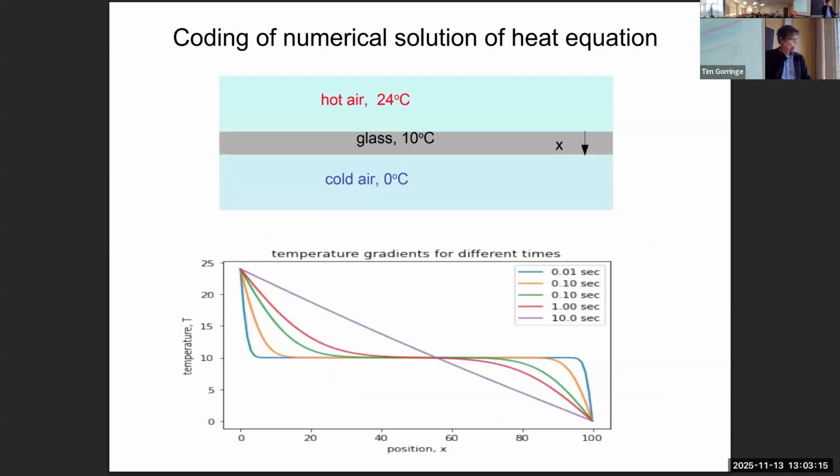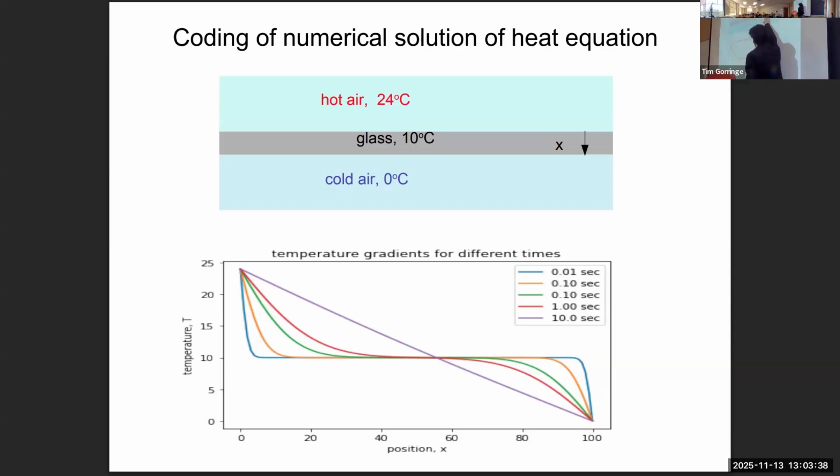This is the problem that I'm going to solve. It's exactly like a pane of window here, with cold outside and hot inside. The pane of glass is thin, its thickness is small compared to its surface area.